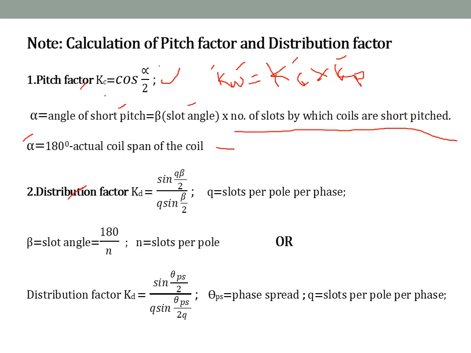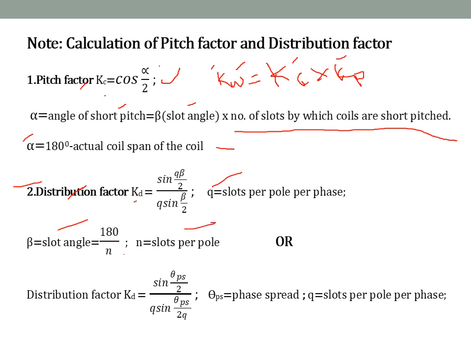Now the distribution factor can be found out using this equation. Kd is equal to sin q beta by 2 divided by q sin beta by 2. Q is the slots per pole per phase. Beta is the slot angle given by 180 by n, where n is the slots per pole.